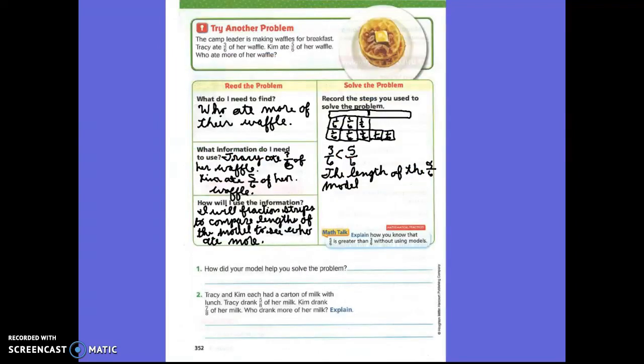So the length of the 5/6 model is greater than the length of the 3/6 model.